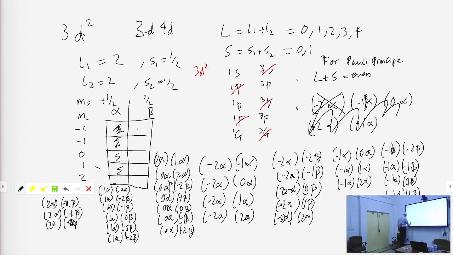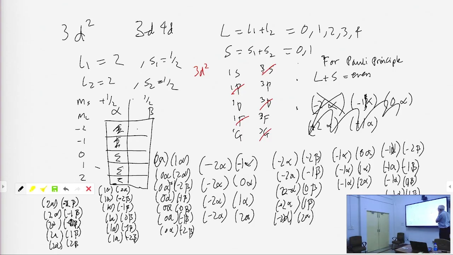Getting worse and worse here. 2 alpha, 1 beta, 2 alpha, 2 beta. Right, so we've done all the ones which have an alpha in them.